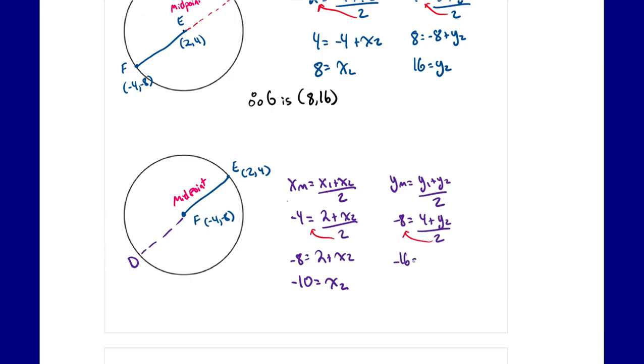We get -16 is equal to 4 plus y2. Move the 4 over, it becomes subtraction. We get -20 is equal to y2. Now that I have an x and a y value, point D, the other endpoint, is (-10, -20).